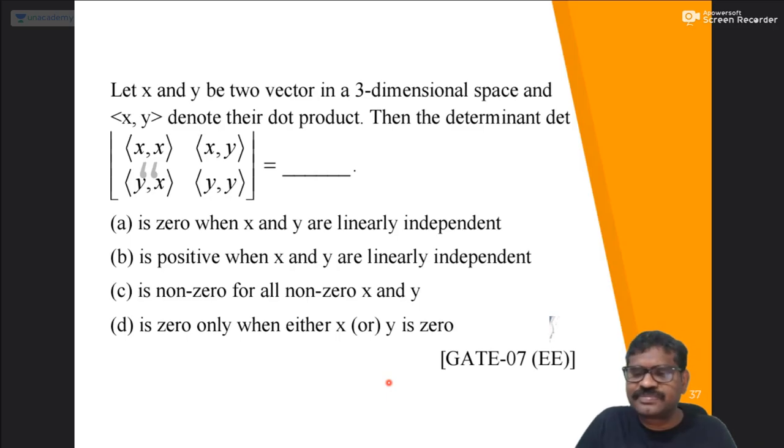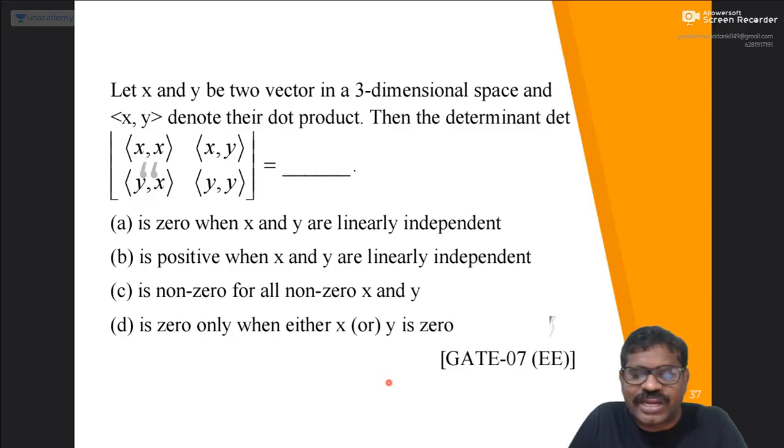Observe. Let x and y be two vectors. Very conceptual problem. Let x and y be two vectors in a three-dimensional space.